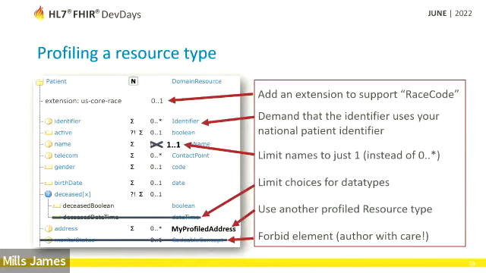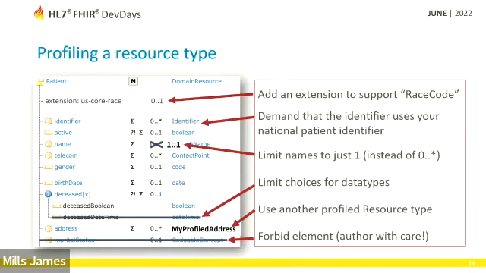That's an element that is not by default in the resource, but you can add that by using extensions. Then you can also, for example, demand that the identifier that you use is a national patient identifier. And you could do so by setting, for example, a fixed value in the system element of the identifier.